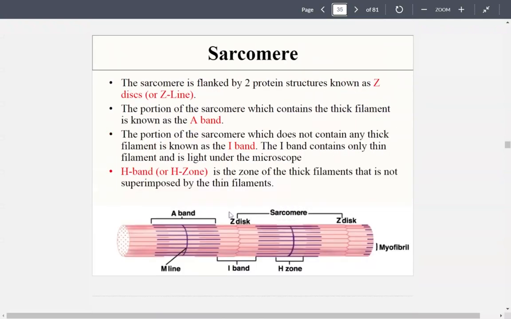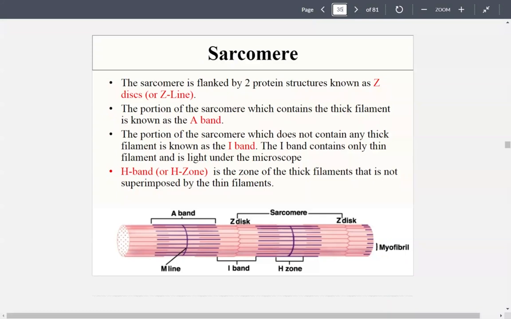There are various zones and labels of areas of a sarcomere. The two flanking protein structures are known as Z lines or Z discs. These are going to denote the ends of the sarcomere. The portion of the sarcomere where we find the thick filament is referred to as the A band. The portion that does not have any thick filament is referred to as the I band. It will appear very light under a microscope and only contains thin filament.